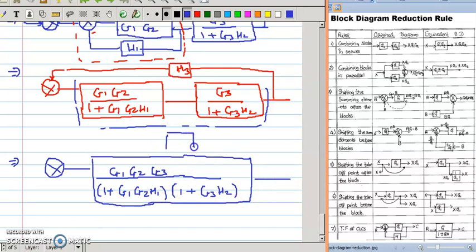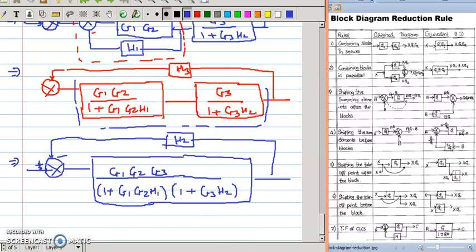What is the feedback element? H3 is the feedback element. It goes towards the mixer and it comes from the output. This input is negative and positive.